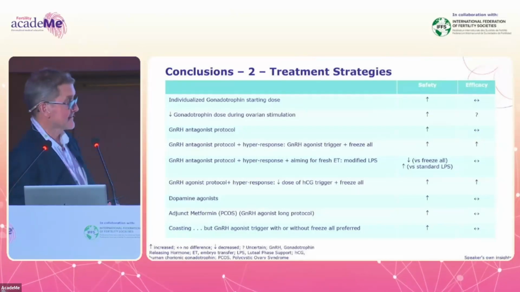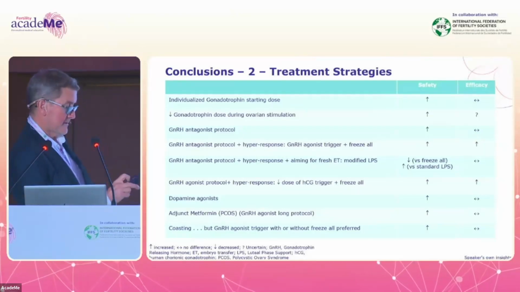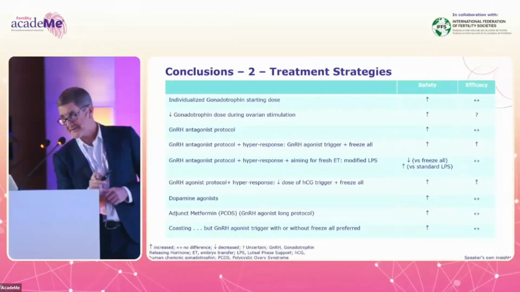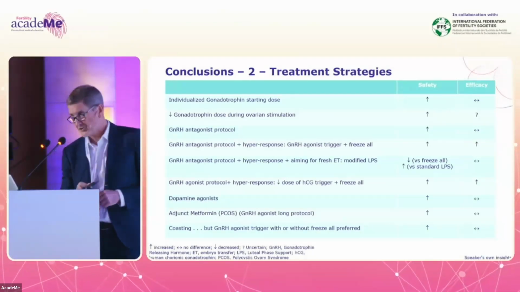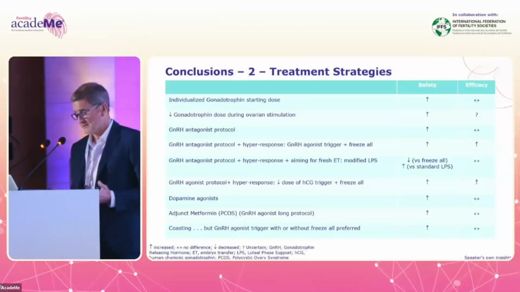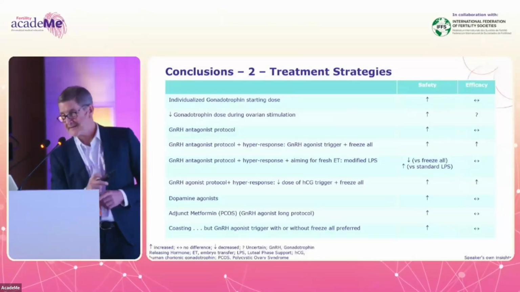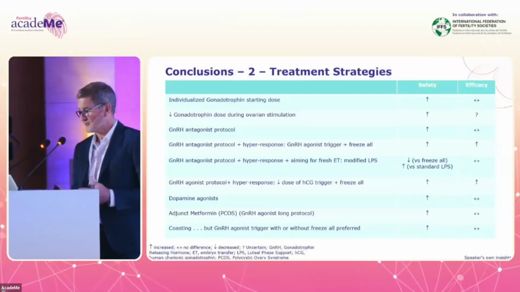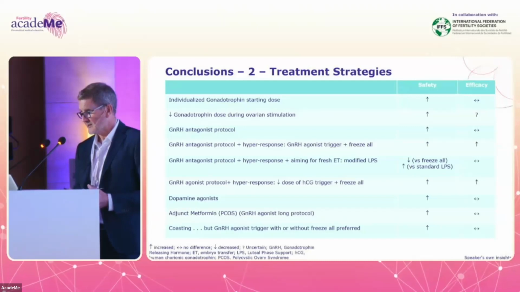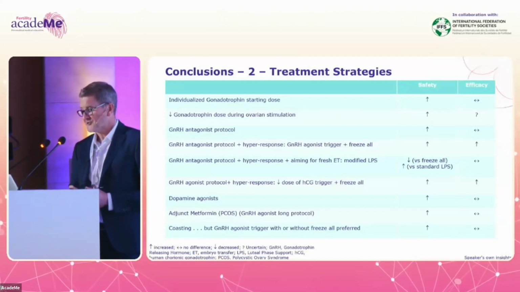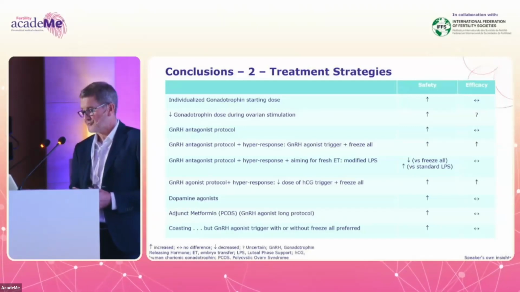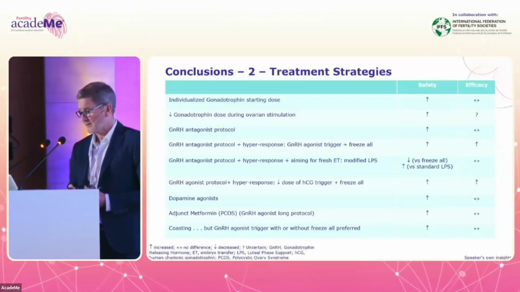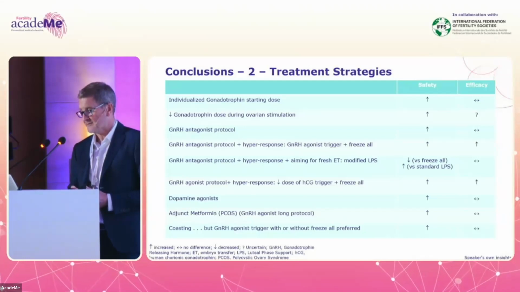And looking at this table, where we're looking at the strategies versus safety in terms of OHSS and efficacy in terms of pregnancy rate and live birth rate, we can see that an individualised gonadotrophin starting dose, either through lowering the dose or nomograms, will improve safety with no effect on efficacy. Reducing the gonadotrophin dose during ovarian stimulation will improve safety, with uncertain effect on efficacy.